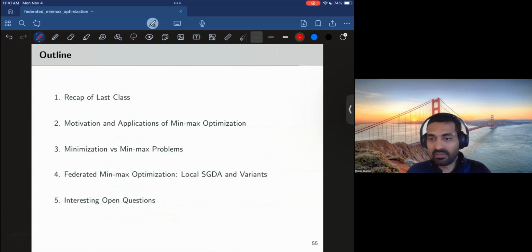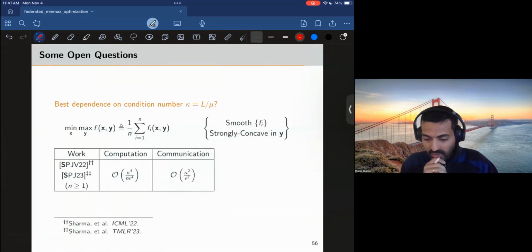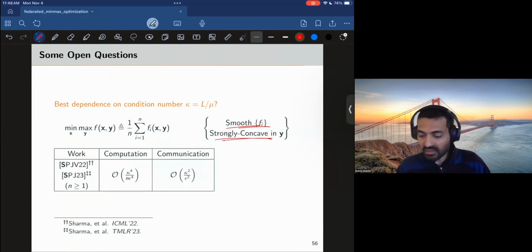Okay, finally, very briefly, in the last one or two minutes, if someone is interested in some research questions in this space, I want to talk about some open questions. I mentioned that for smooth functions with strong concavity in Y, the results are optimal in epsilon.